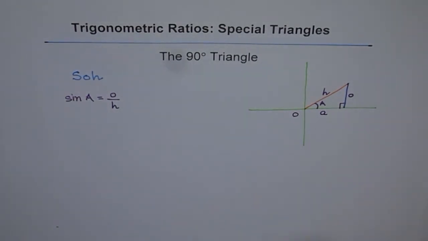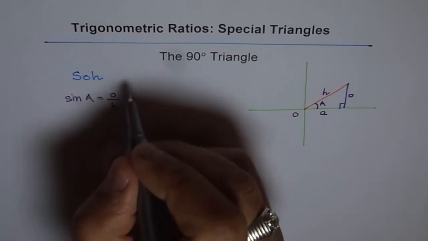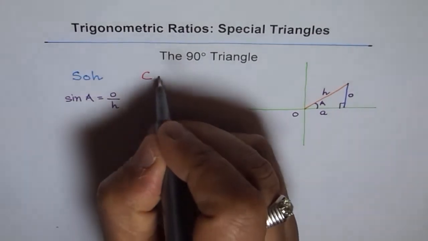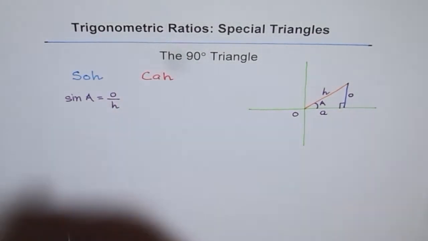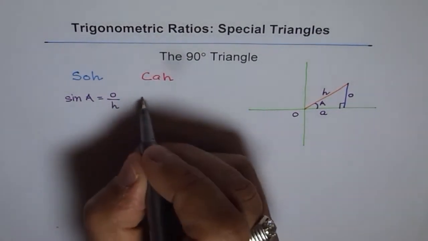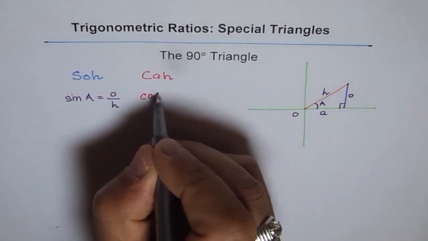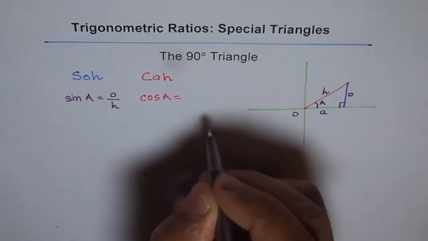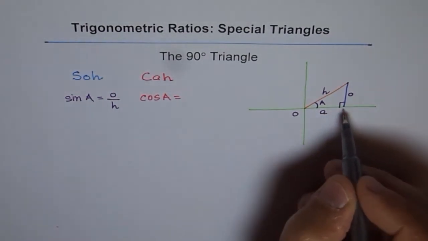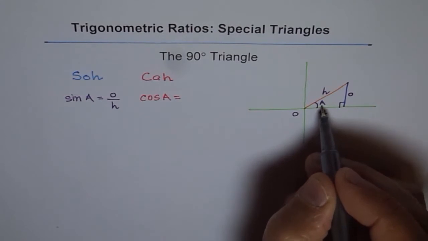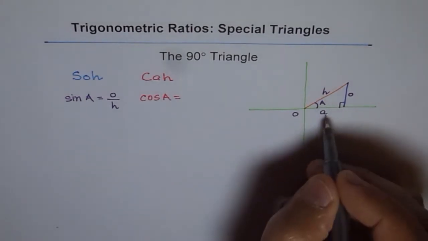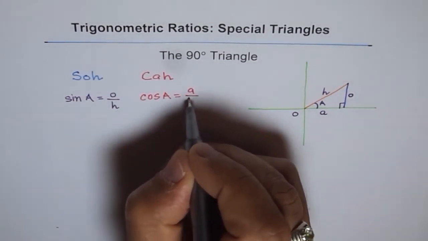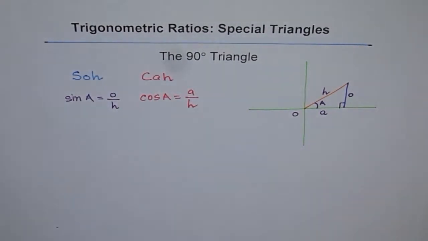And now Cah, the C is for cos: adjacent over hypotenuse. Let me write this cos in red for the time being. Cos A is equal to this side, the adjacent side. Adjacent means the side between 90 degrees and our acute angle A. So that is A over H. That is Sohcahtoa.